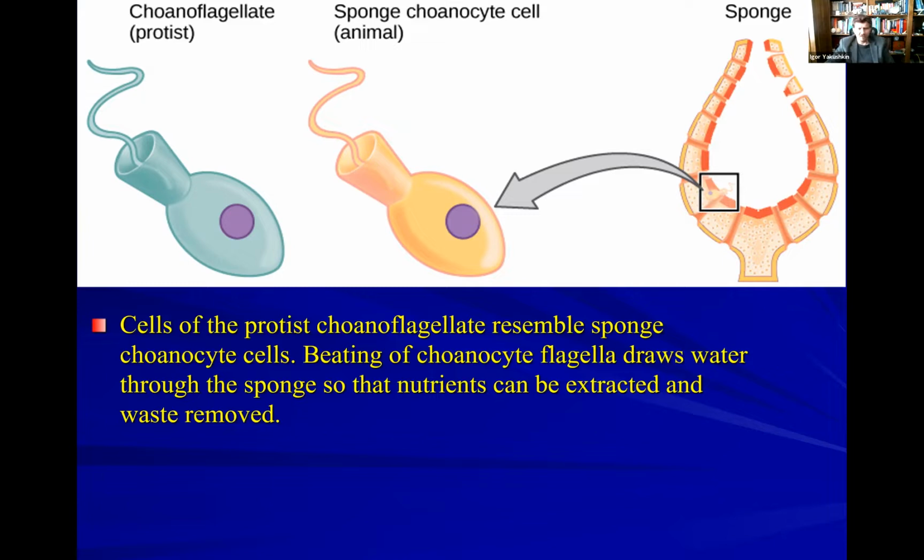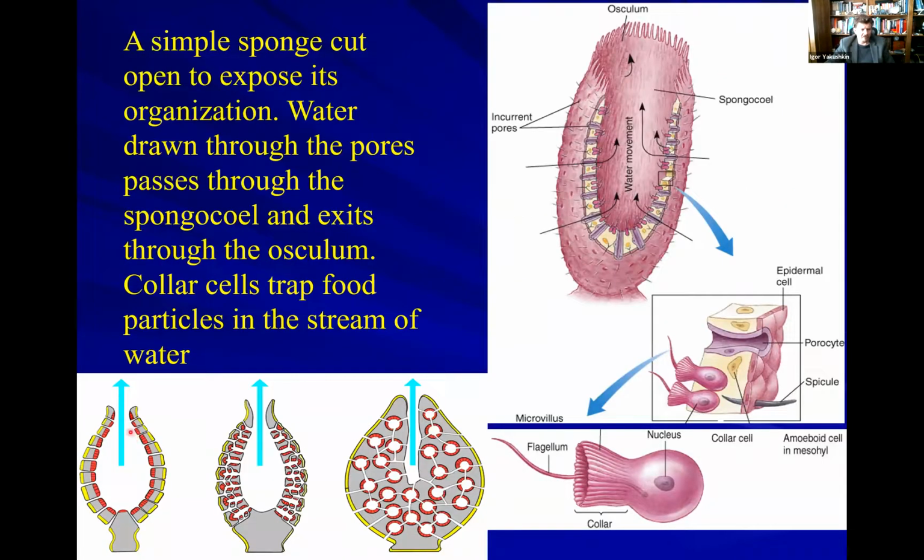So here are some different cross-sections of the sponge, the simplest one and the most complex ones. But the main idea is to increase the surface area. That's why you will have the channels with the cavities and so on. So the interaction between the inner part of the sponge and the water is drastically increased.